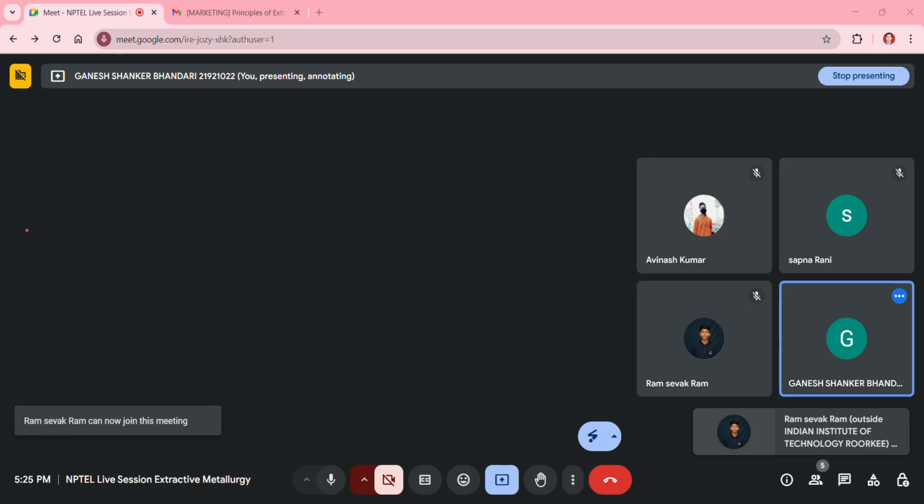Option A according to A3 B1, I think option B is correct: A3, B1, C4, D2.